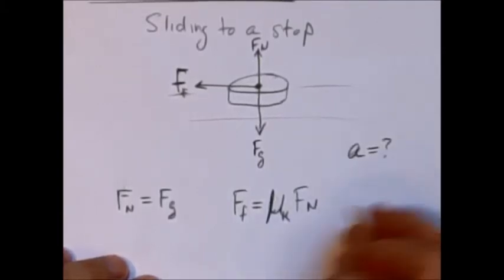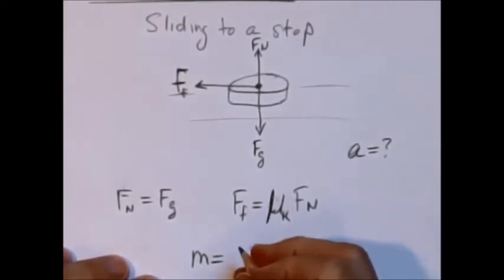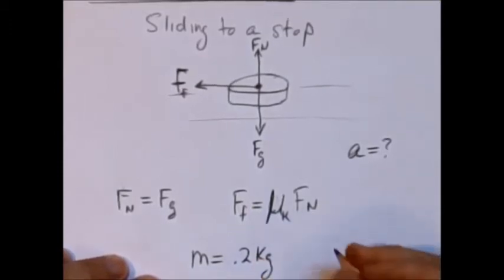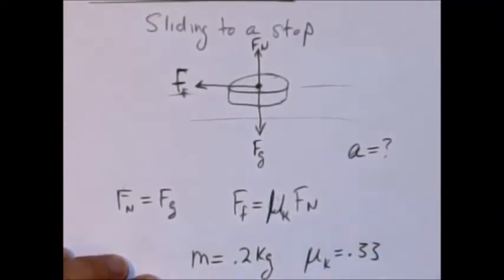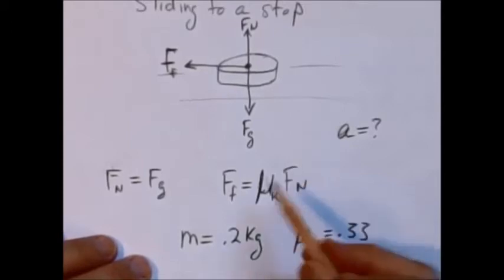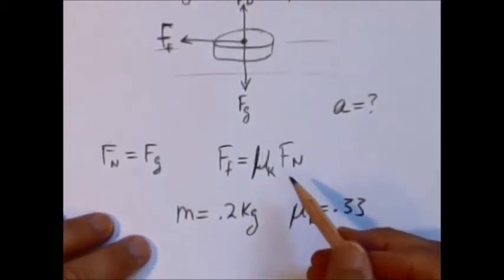We're given that the mass of the puck is equal to 0.2 kilograms, and that the coefficient of kinetic friction between the puck and the board is equal to 0.33. Okay. So if we wanted to find out what this friction force is, I think we can do that fairly straightforward.